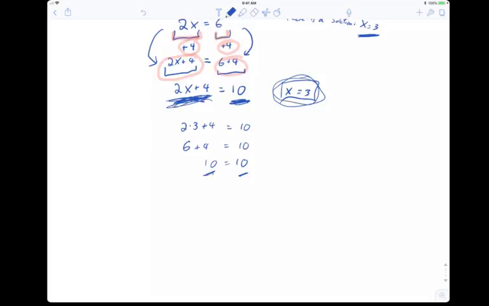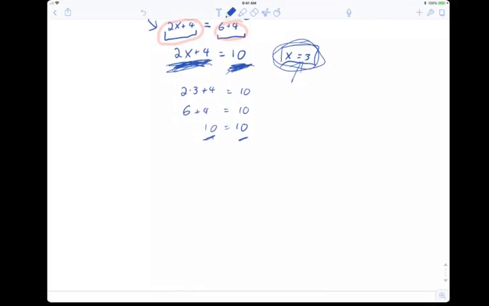This number will still be equal to this number for x is equal to 3. And that means that we can use algebraic manipulations, addition on both sides, subtraction on both sides, and multiply both sides by the same number, etc., as a technique for solving a given linear equation.